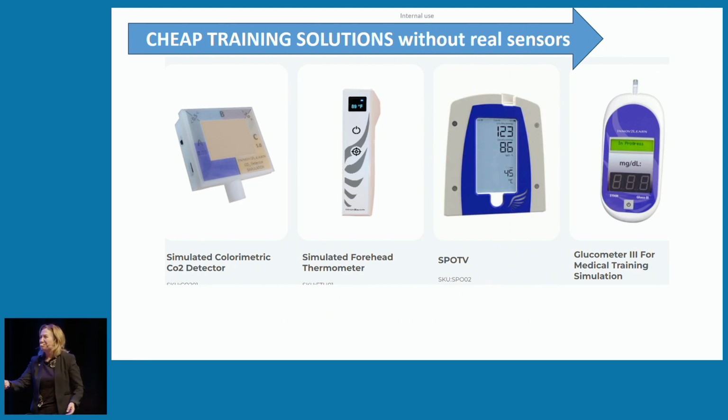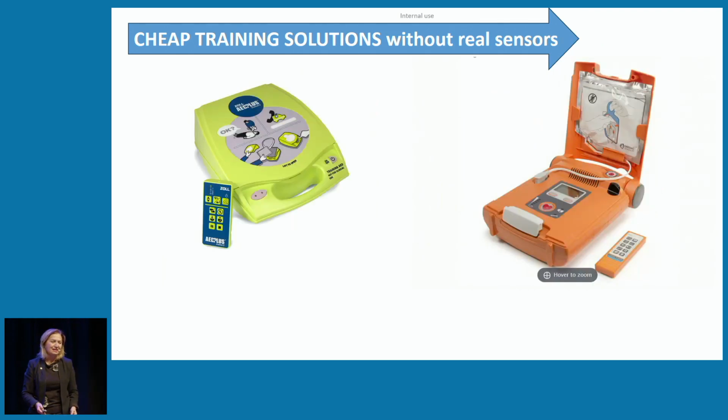Again, I want to show this because if you create a solution, you must make a cheap training solution. For example, your triage watch, without real sensors. This is the case, I think.